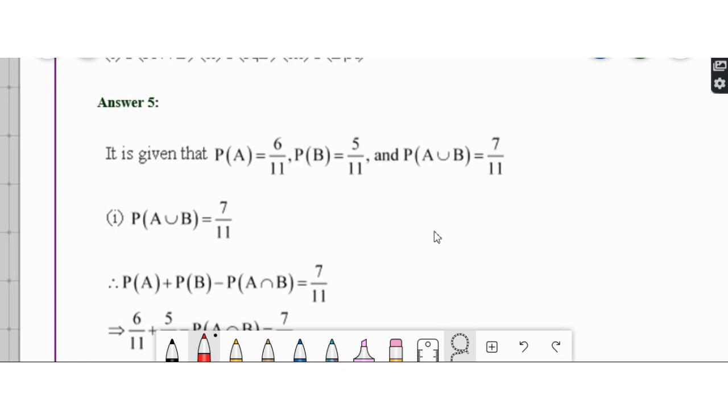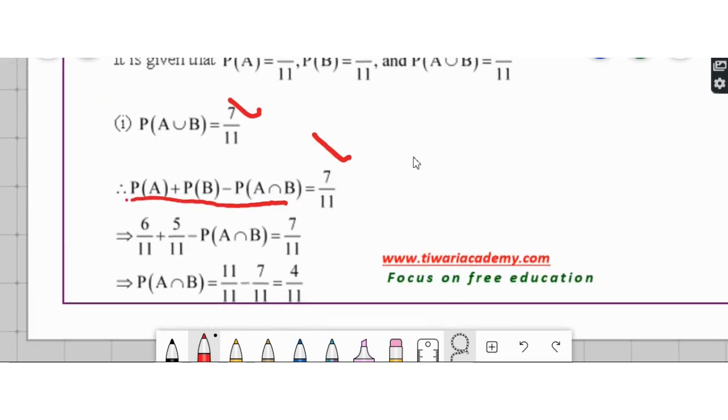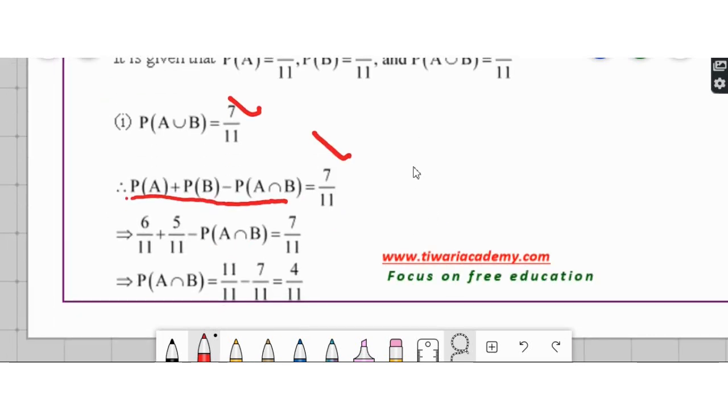Union is equal to, you know that, P of A plus P of B minus P of A intersection B, and union is available, so 7 upon 11. P of A is 6 upon 11, P of B is 5 upon 11, given. Intersection we have to find out, union is available, so the final answer, intersection, is equal to 4 upon 11.